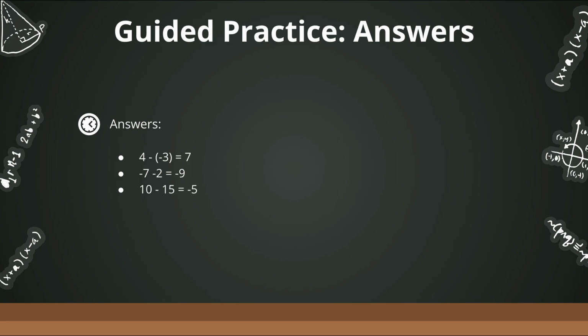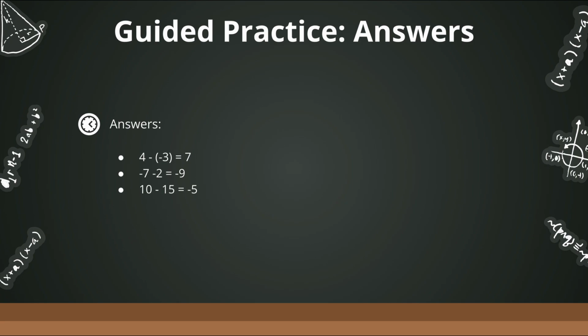Alright, let's go over the answers. For the first one, 4 minus -3, we add the opposite of -3, which is 3. So 4 plus 3 equals 7. The first one is 7. For the second one, -7 minus 2, we start at -7 and move left 2 spaces, and you land at -9.